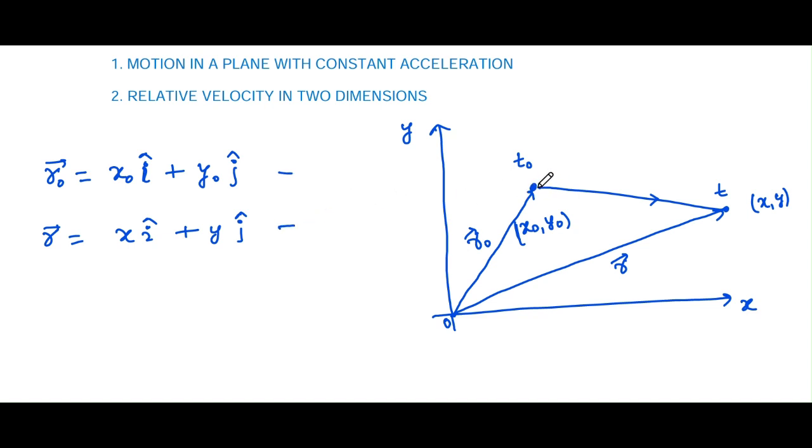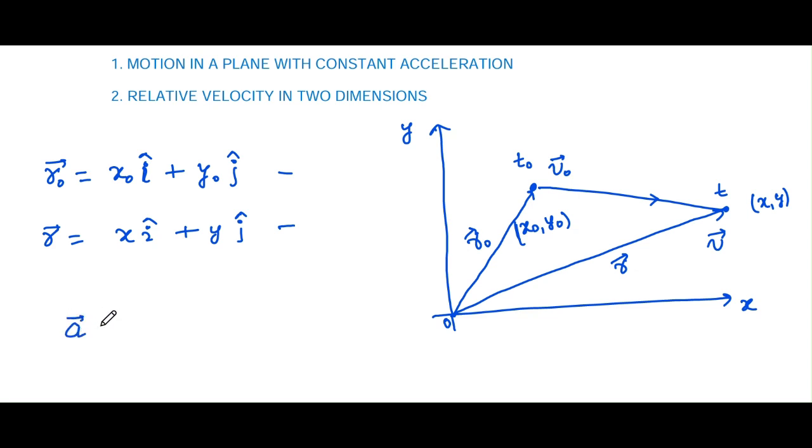Let's say at initial time it has velocity v naught, and at time equals to t, it has final velocity v. So we have a term acceleration. What is acceleration here?